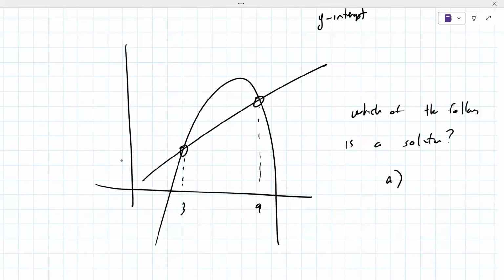And let's say the answer choices are 5, 7, 9, 11. Okay. And you're like, wait, where's 3? Well, it just wants one of them, one of the solutions. No. You don't necessarily have to find all of them.